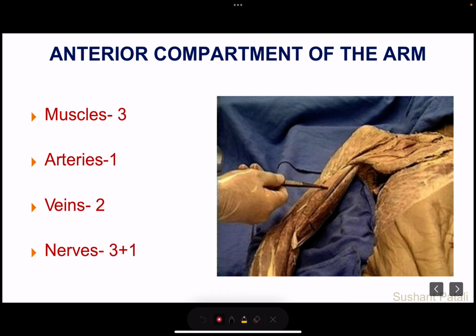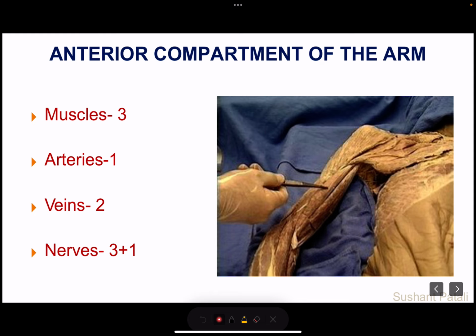And the artery here, there's just one artery, that is the brachial artery. And the veins, there are superficial veins and deep veins. The superficial veins are the basilic vein that runs along the medial aspect of the biceps brachii muscle, and the cephalic vein that runs along the lateral aspect of the biceps brachii muscle. The deep veins, two in number, accompany the brachial artery and are known as the vena comitans.